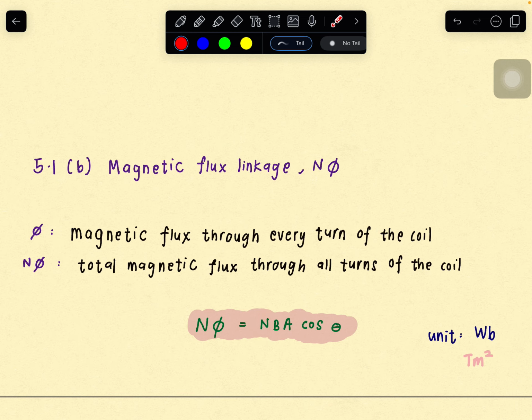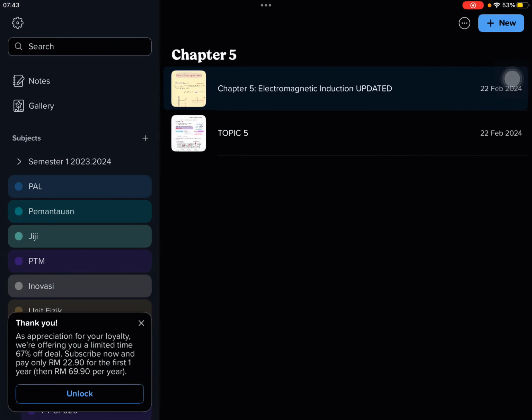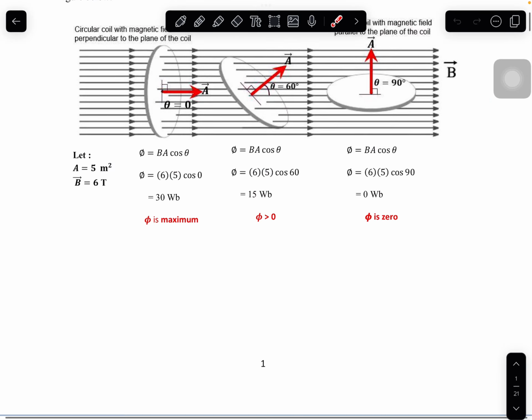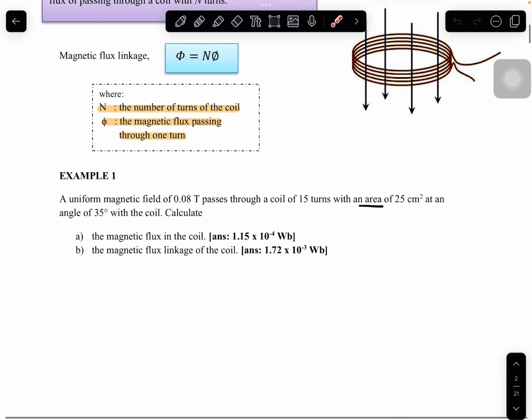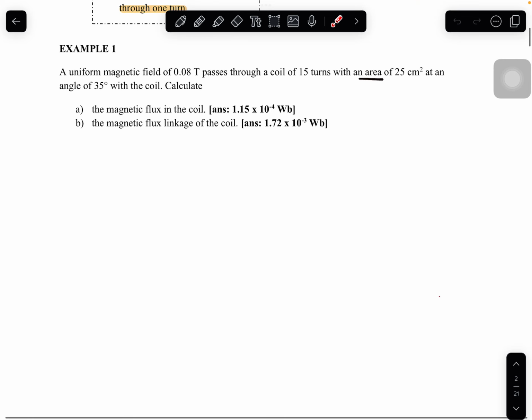Okay, so let's now look at the example. Okay, example 1.